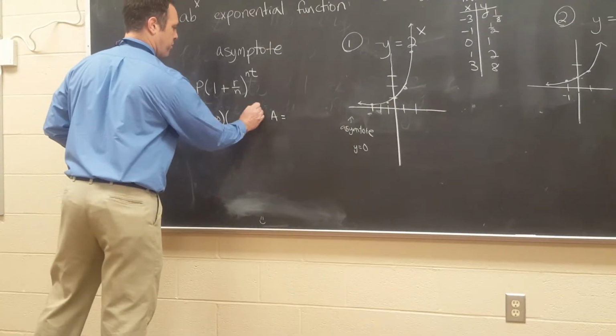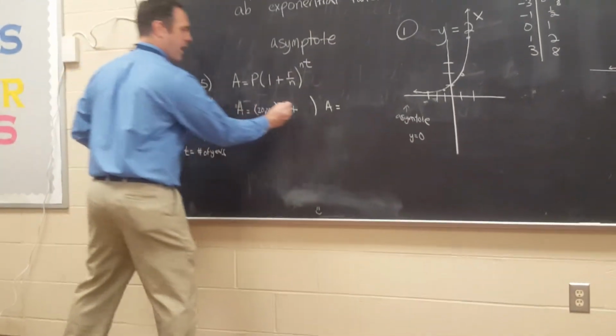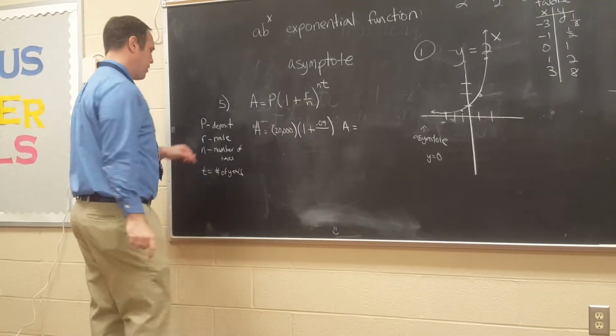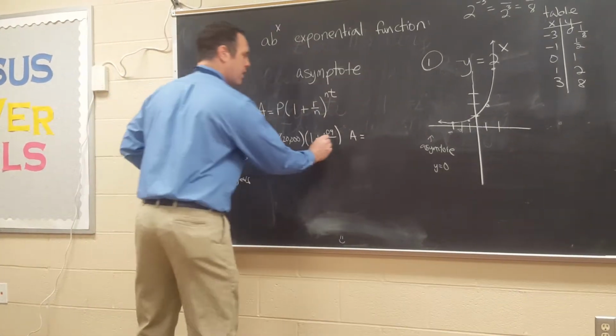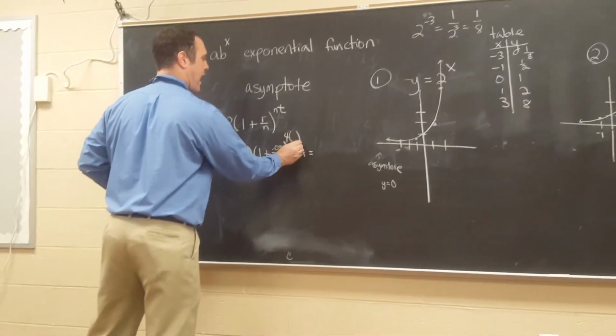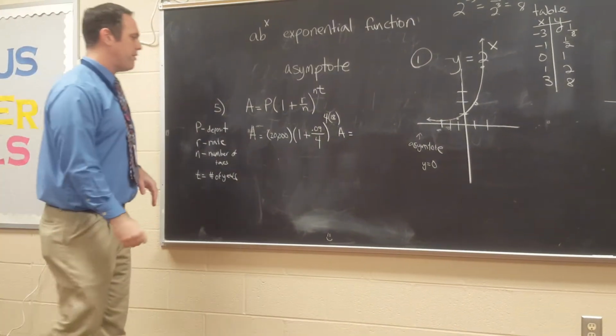And they want us to compare the two different types. So R again was rate, I believe that was 9%, so as a decimal 0.09. And number of times: quarterly, it'll be done 4 times. Time amount that it was in there, 18 years from birth to 18 years has passed.